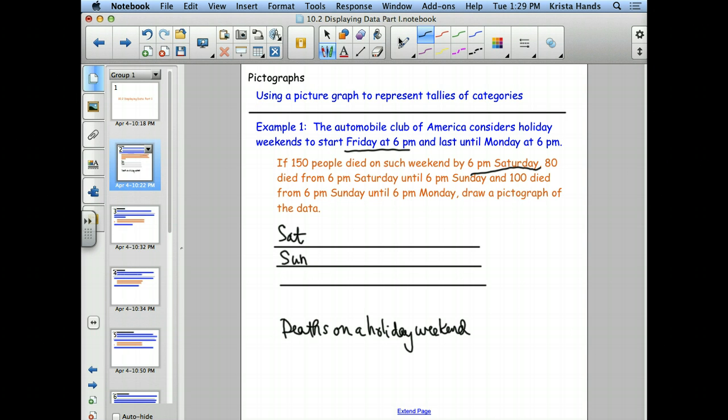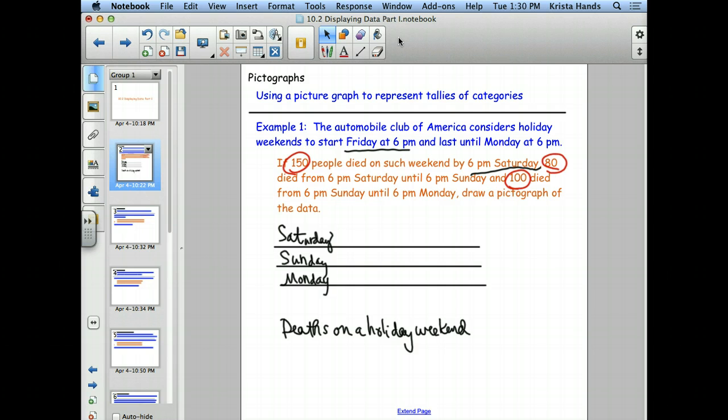And then we have from Sunday to Monday, and I'll call it Monday. So those are my 3 different defining attributes of this description. I have some different numbers here. I have 150, I have 80, and I have 100.